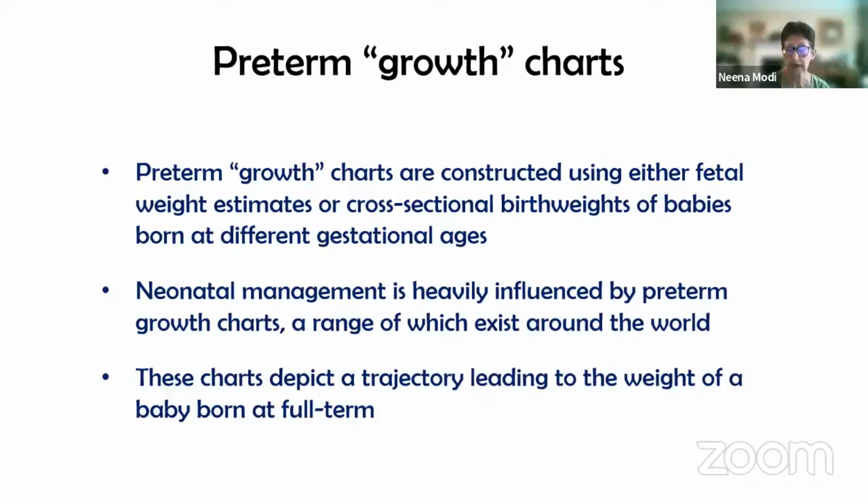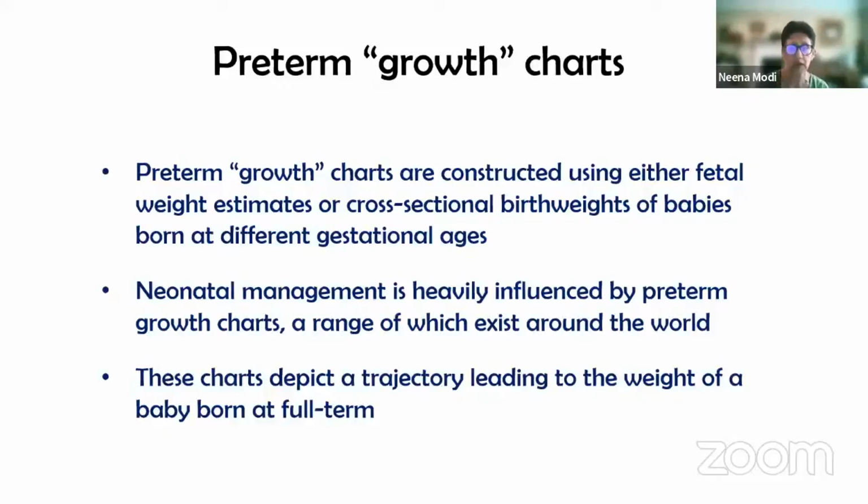And of course, despite this, neonatal management is very heavily influenced by preterm so-called growth charts. And as our chair has said, a range of these exist around the world. Now, these charts inevitably depict a trajectory leading to the weight of a baby born at full term. And by the way, I'm going to focus on weight. Because time is tight, I'm not going to talk about length and head circumference.